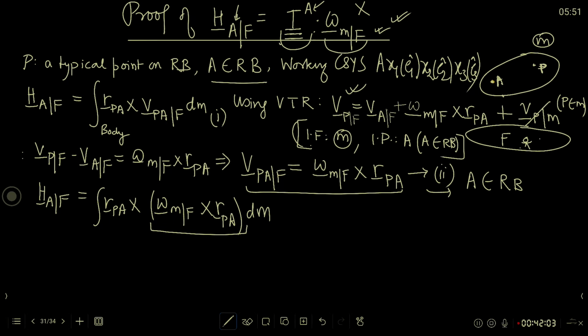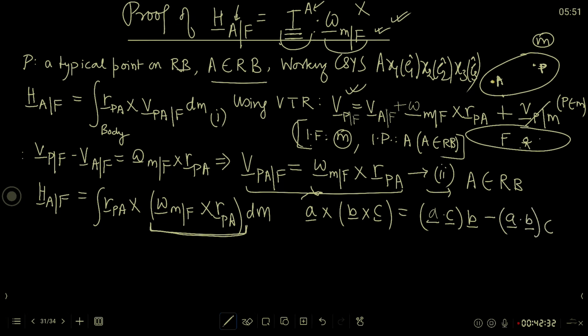Now there is a vector identity which is: there are three vectors and you are talking about the cross product of B with C and then A with the result of the previous cross product, then this identity exists.